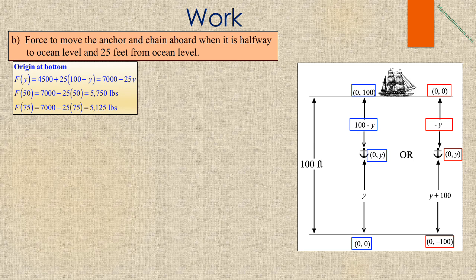When we do the math, we get 7,000 minus 25y. So when the anchor is halfway to ocean level, y is 50, and 7,000 minus 25 times 50 is 5,750 pounds.